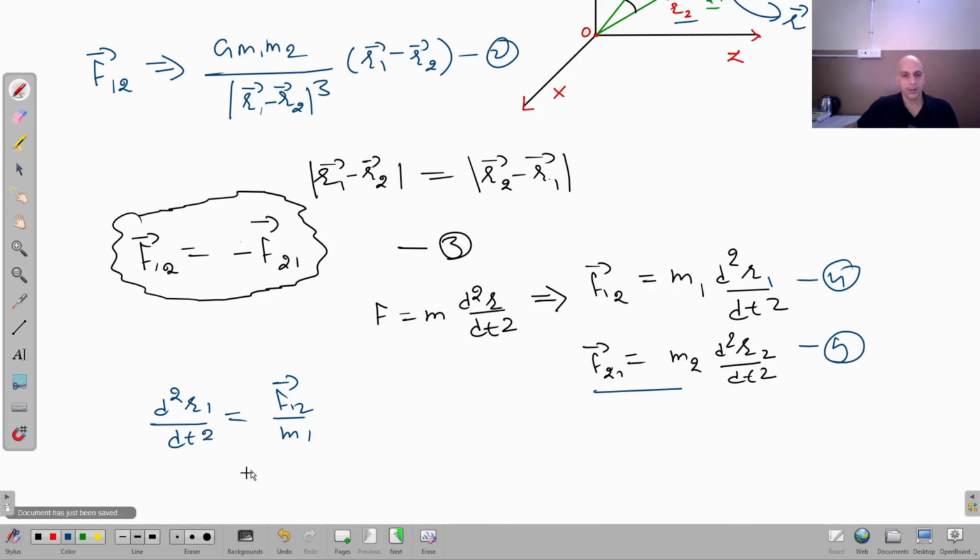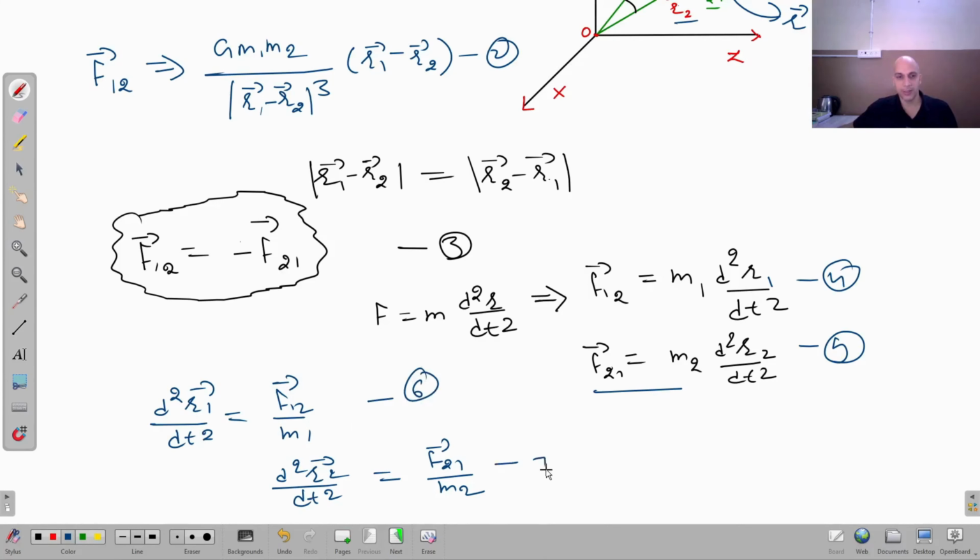Similarly, d square r2 upon dt square in vector form is equal to vector F21 upon m2. So these are the two equations, let them be equation number 6 and equation number 7.